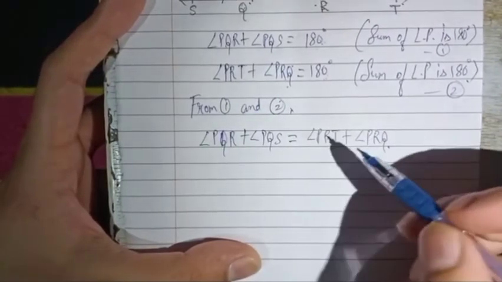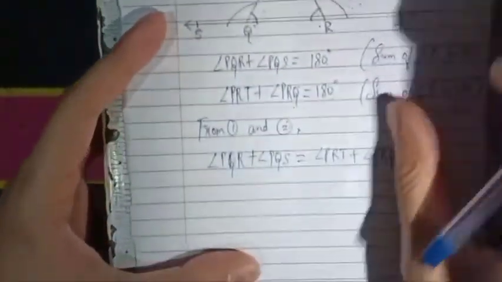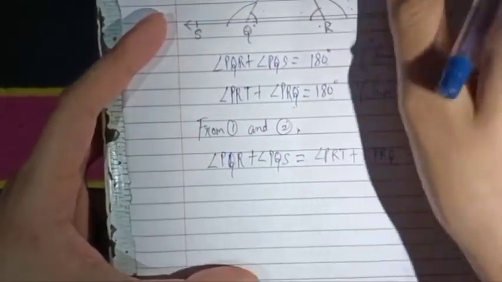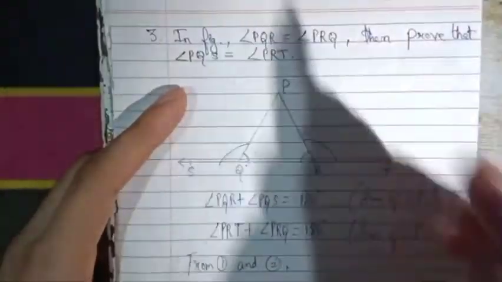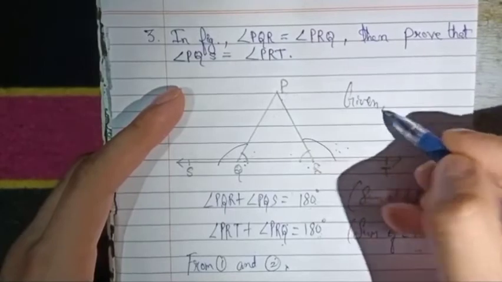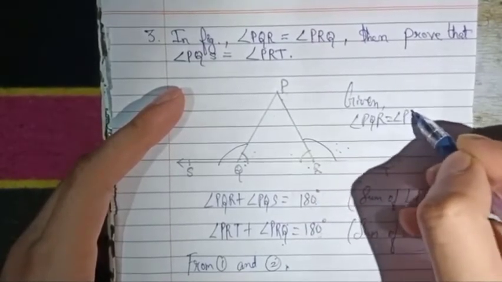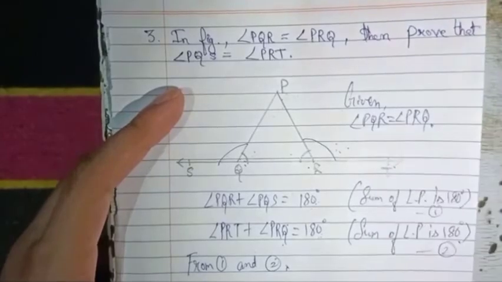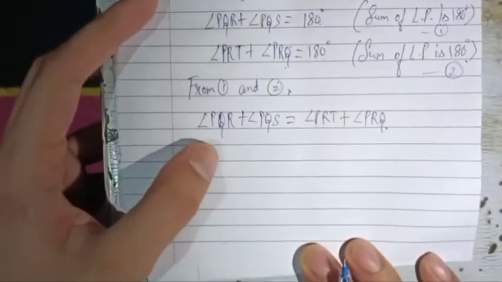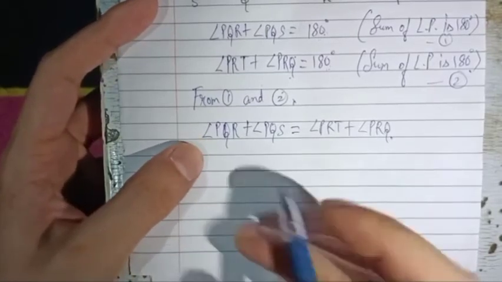Now after this, one more thing, as given in the question, that given value also we will write. What we are given, that angle PQR is equal to angle PRQ. So instead of PQR, can I write here PRQ?